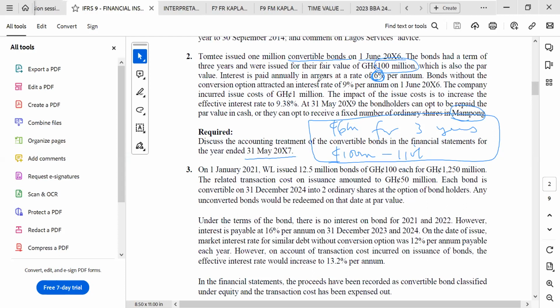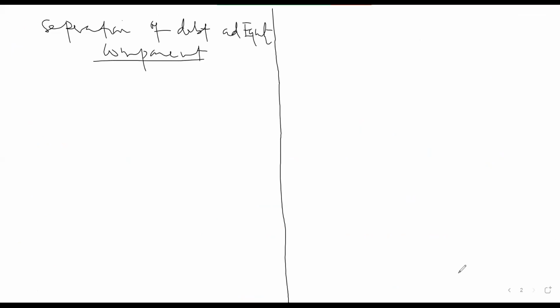So for you to be able to find a debt component, this is what we are going to do. So the separation of debt and equity components. The first one will always be the debt component.